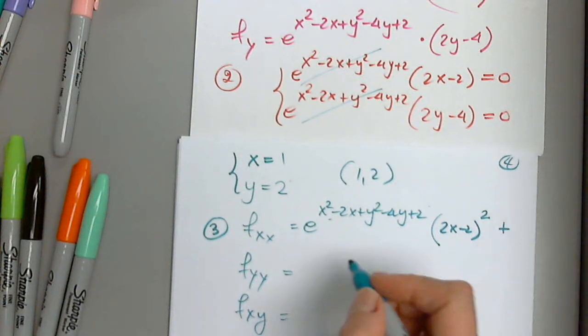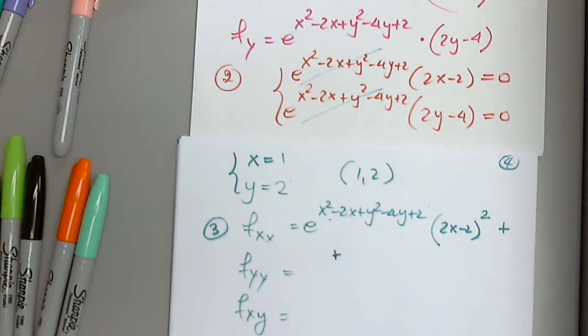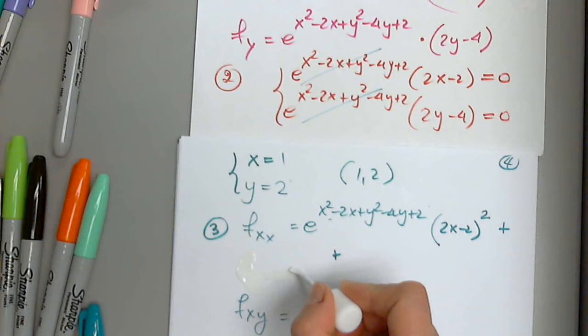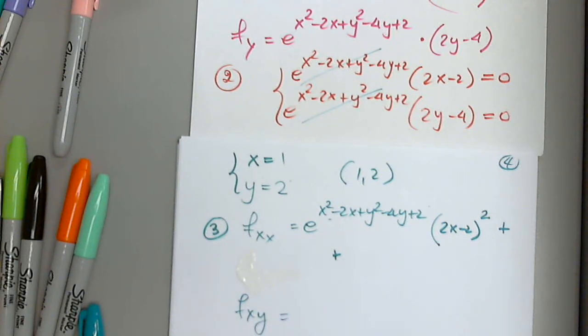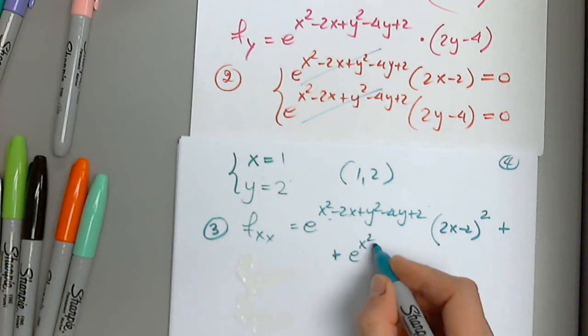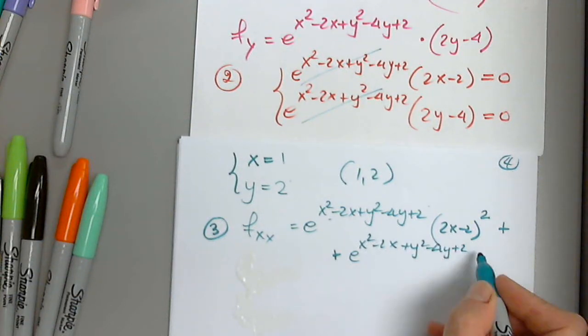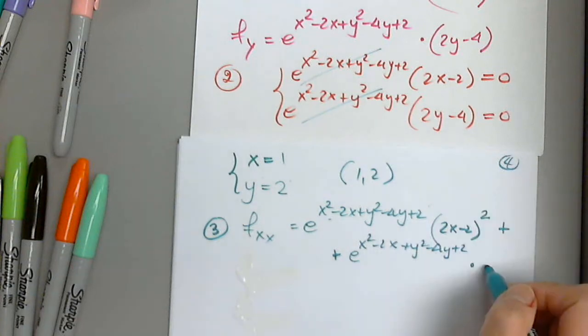And now plus, I have to erase this because they are too close. I need more room. I'll get to them in a minute. Sorry about that. Okay, plus e to x squared minus 2x plus y squared minus 4y plus 2 times the second function prime, which is 2.